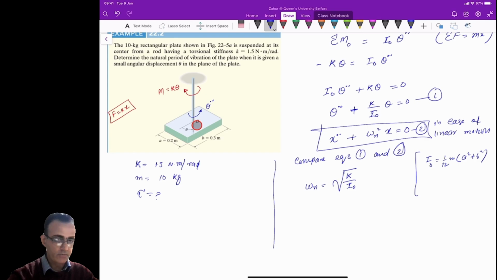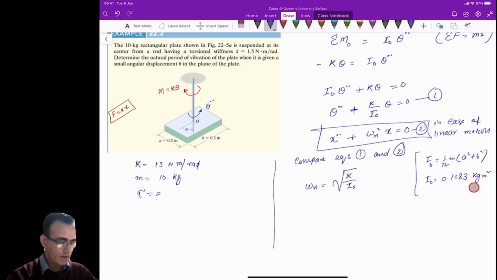The table was given, and it is also given in the formula sheet. So the moment of inertia of this block about its center is equal to 1 over 12 m times a square plus b square. And because now we know the values of m, a and b, if you put the values, you will get this moment of inertia here.